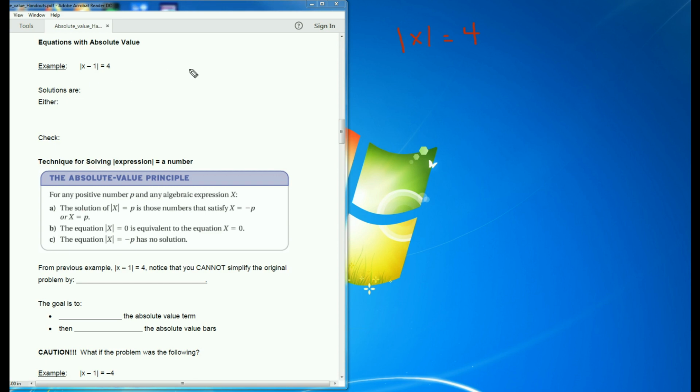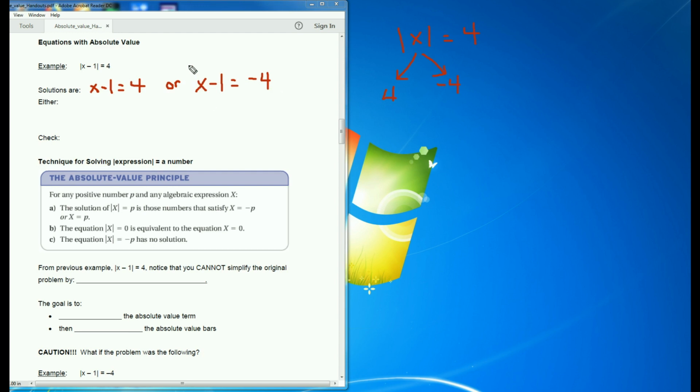Well, it's really the same concept, because before we said this has to be either 4 or -4. Exactly the same concept here. So either the stuff, the x minus 1, has to equal +4, or the stuff, x minus 1, has to equal -4.